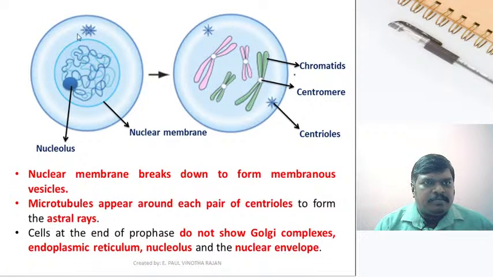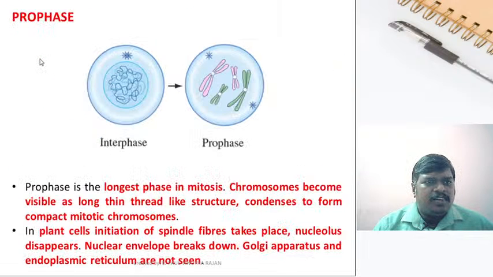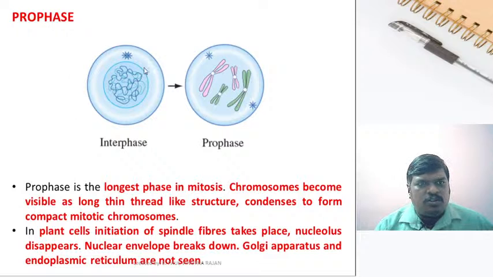This is a typical cell. This is a diagram of a typical cell that undergoes the process called mitosis. Can you all see that? This is a cell, and this part, what I am just highlighting here, is called centrioles.